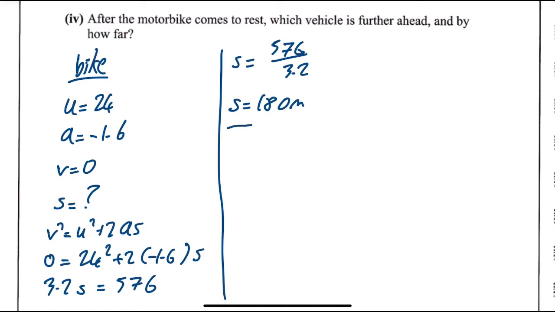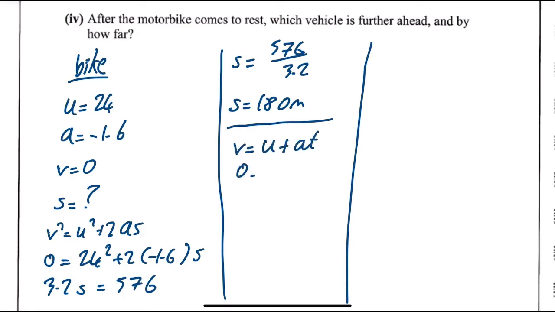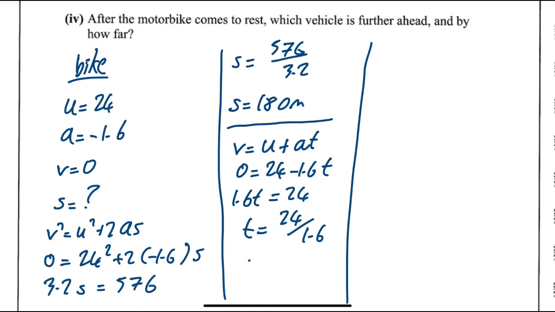Okay, so we're still on the bike, and we're going to find the time. So we're going to use v is equal to u plus at. So 0 is 24 minus 1.6t. 1.6t is equal to 24. t then is equal to 24 divided by 1.6, which means t works out to be 15 seconds.